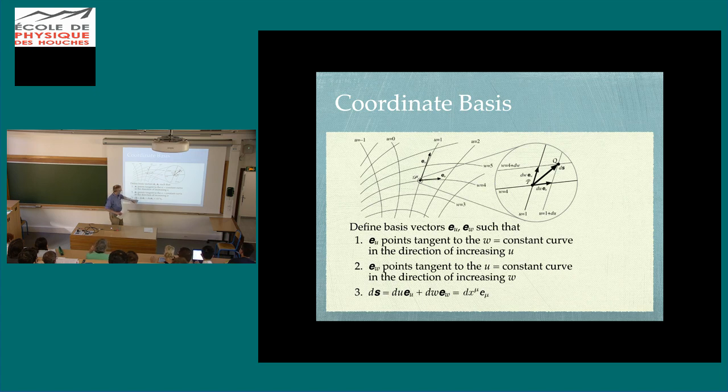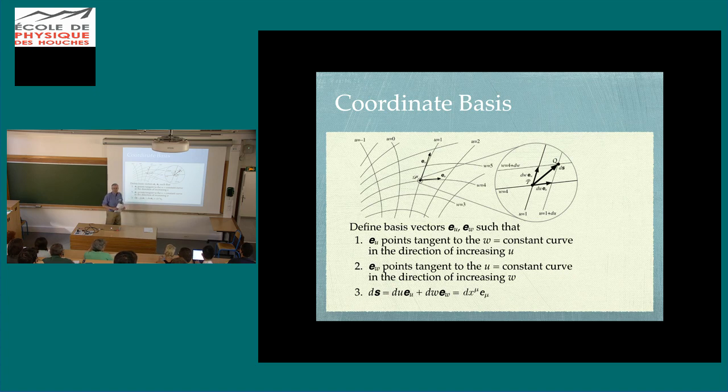But then I'm going to define the magnitude of those basis vectors so that the component of a differential displacement, a really tiny displacement, is just the change in u times the basis vector. Can you see that that defines basically how long the basis vector is?